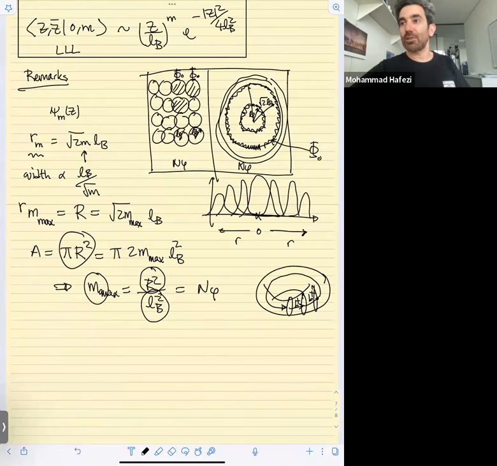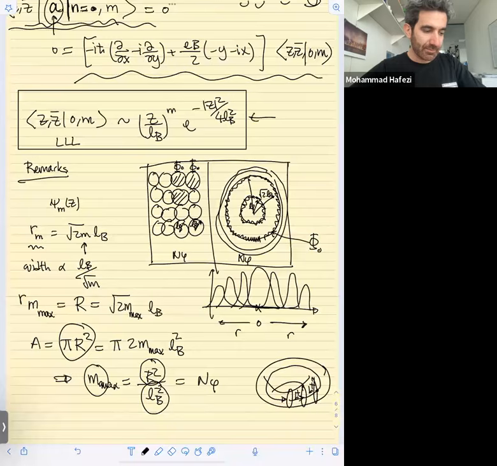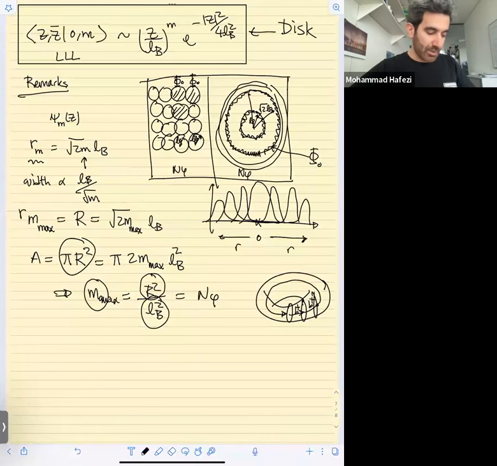That's why I said to Xinhuan that you will come back to the same state. But the form of them I don't recall, because on the torus, the form of these wave functions is no longer this. This is for a disk. And on a torus, when it's a closed boundary condition, it's the Jacobi theta function.